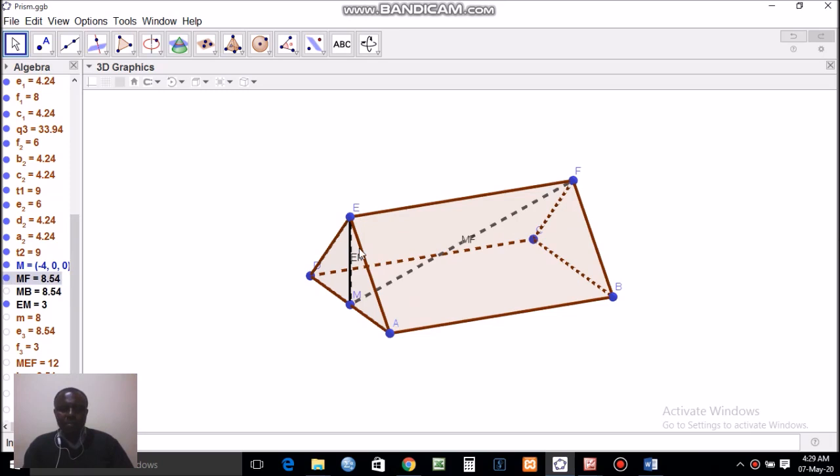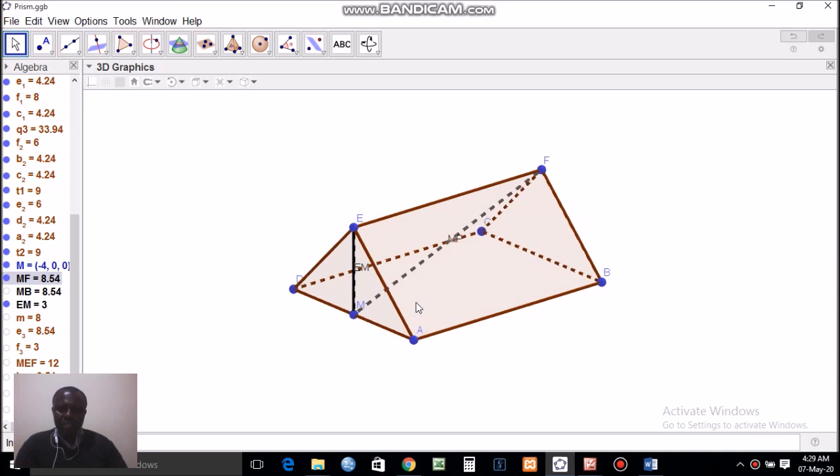So we have line MF and EF. The next step is to identify the figure which contains both lines, that is the plane figure which contains line MF and line EF.